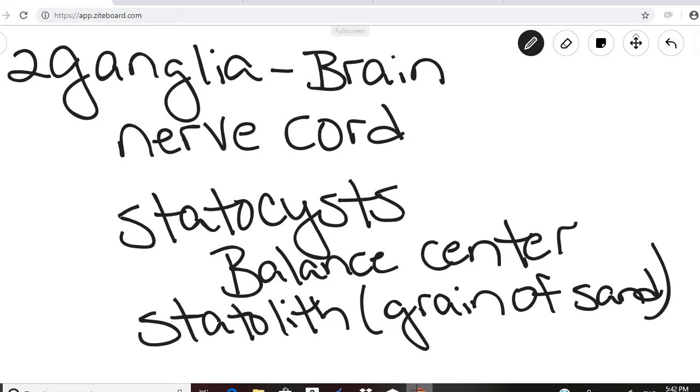So the statocysts that contain that grain of sand, called a statolith, is a very important part of the balance that a crayfish is able to maintain.